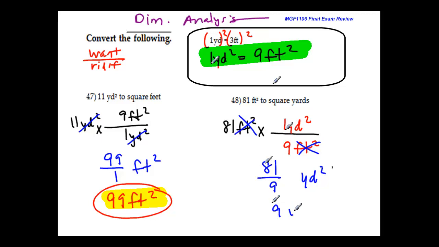This gives me 9 yards squared as my answer. No matter which technique, this has to be the conversion factor. You cannot use 1 yard equals 3 feet directly in these problems. You must square the units first.